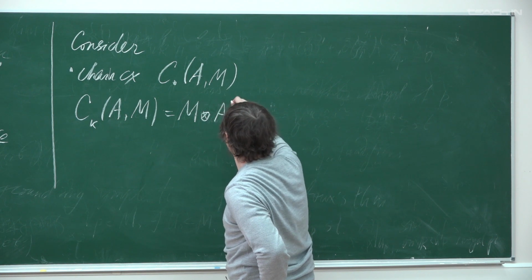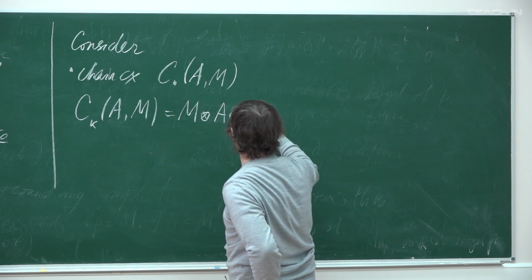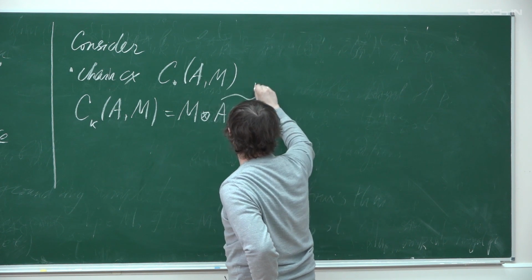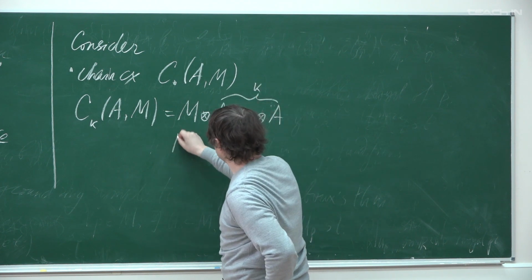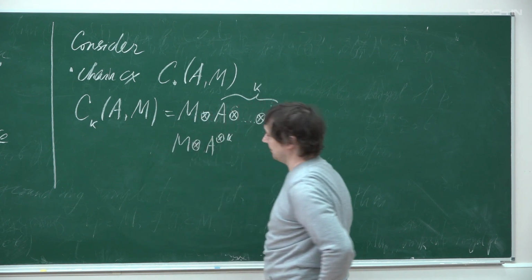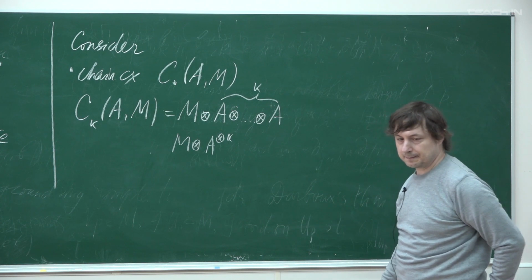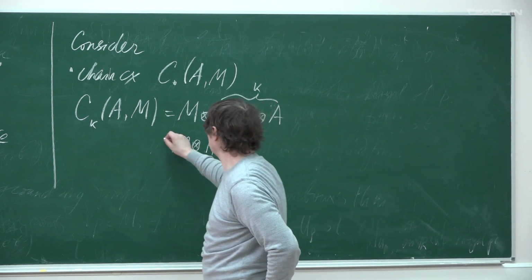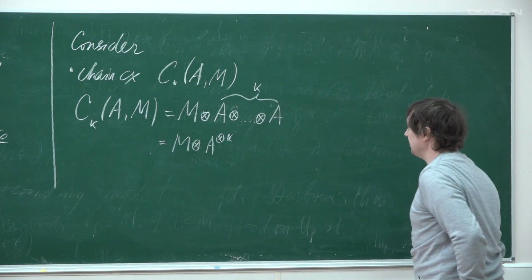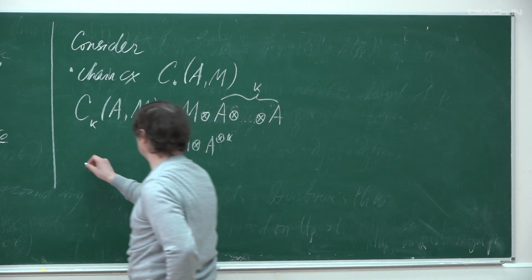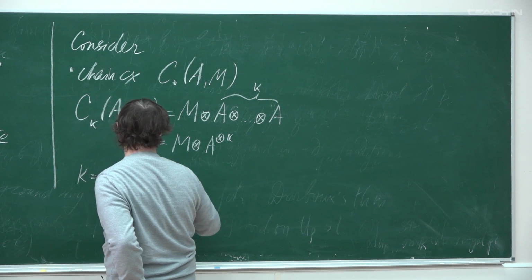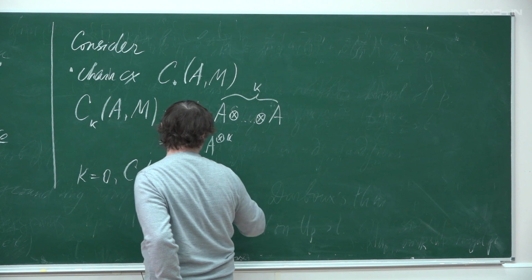Of A and A taken K times. So I will abbreviate this to just M tensor A to the tensor power K. In particular, when K is equal to 0, we have C0 of A, M equal just to M.